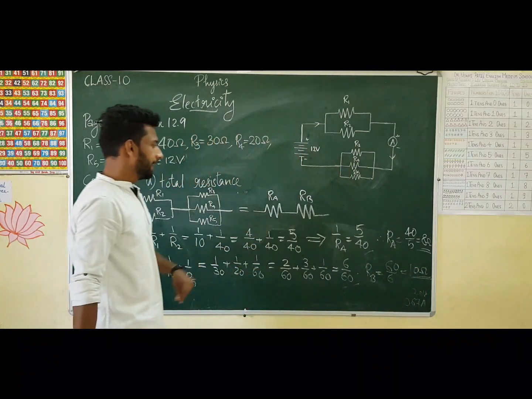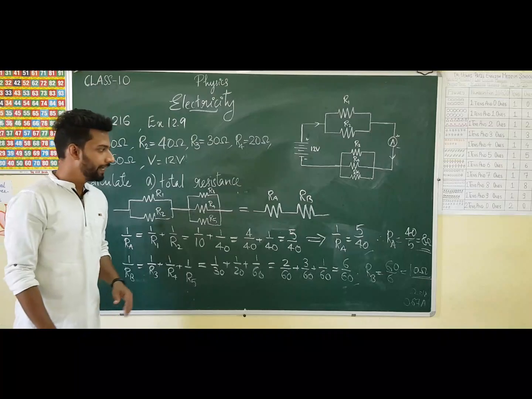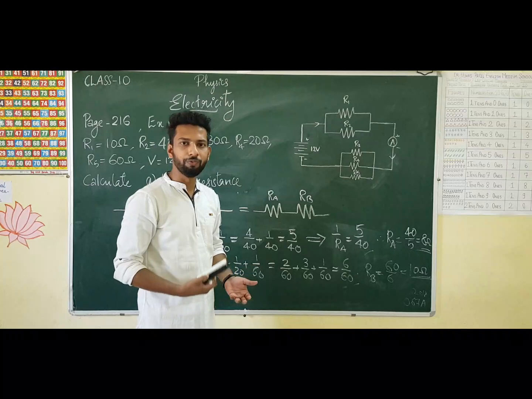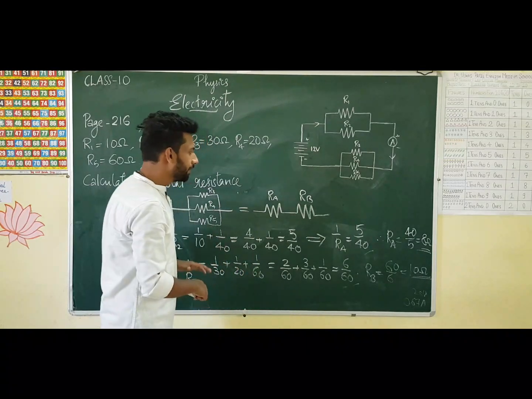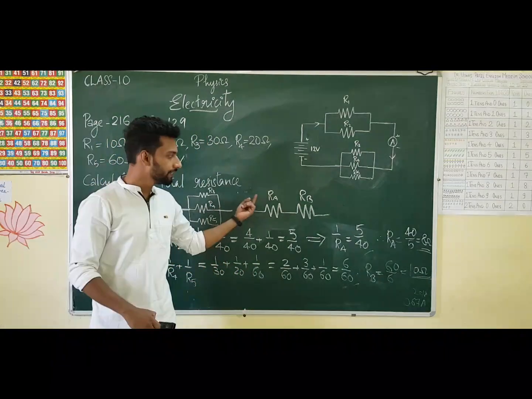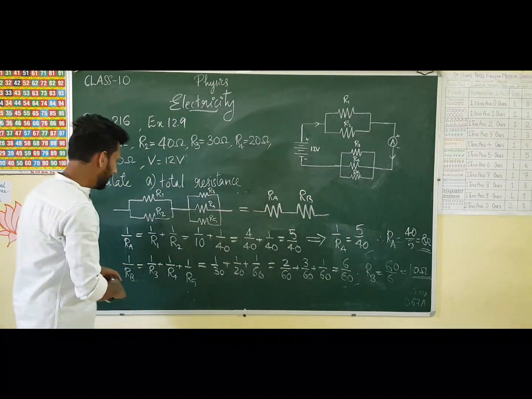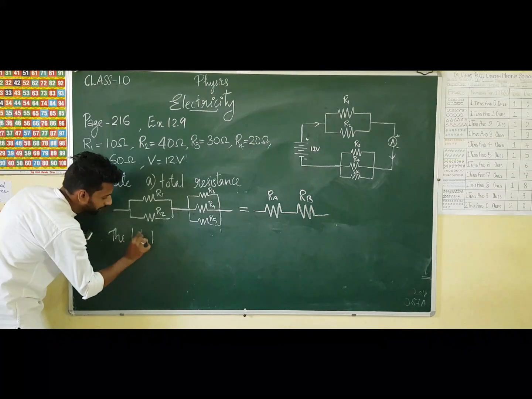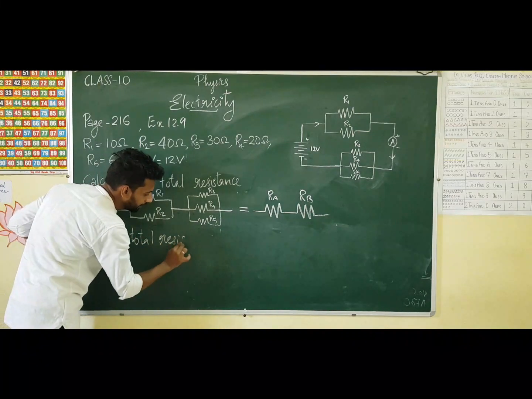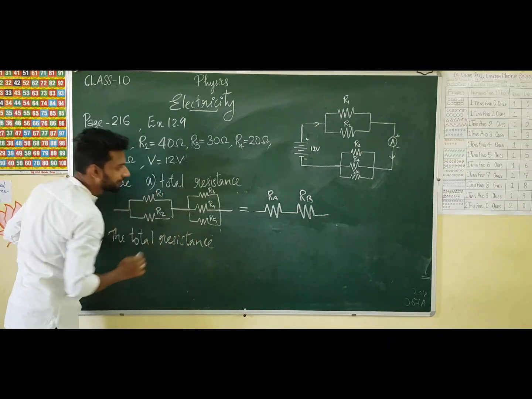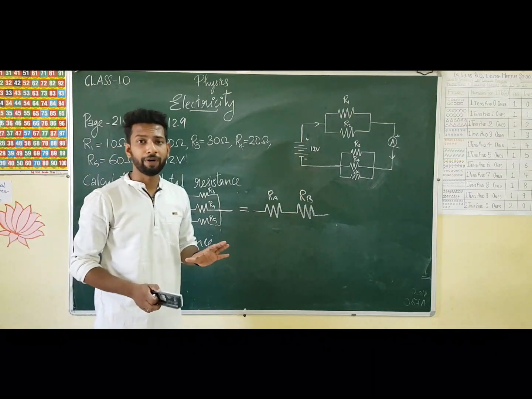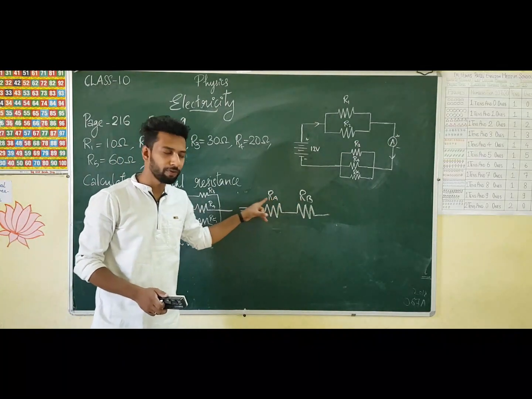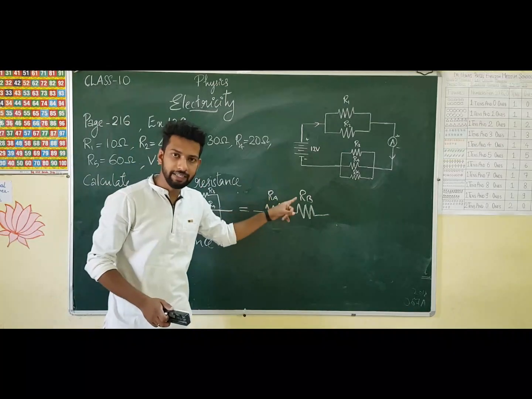Now we got the values for RA and RB. Here RA and RB are in series. So we have to use the equation to find the total resistance of the circuit. The series combination of RA and RB. Here you need not use the equation for parallel resistance, because RA and RB, the equivalent resistances of the two parallel combinations, are in series.